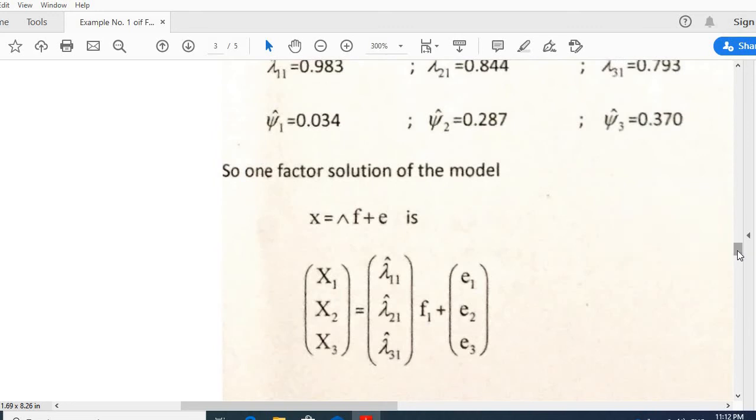Now X is equal to capital Lambda F plus e. X is equal to x1, x2, x3, which are the three variables, and lambda 1 1 hat, lambda 2 1 hat, lambda 3 1 hat, F1, plus e1, e2, e3.